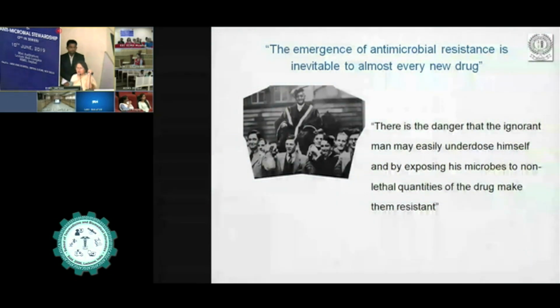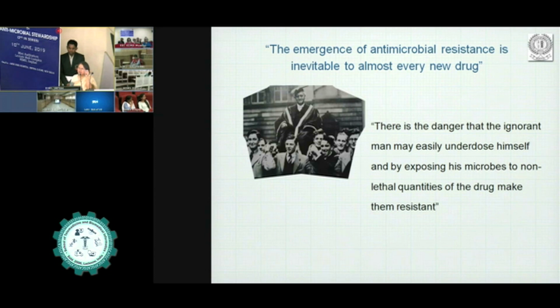This antimicrobial resistance was clearly foreseen by Alexander Fleming. Alexander Fleming was awarded the Nobel Prize for his discovery of penicillin, and he received the prize in 1945.